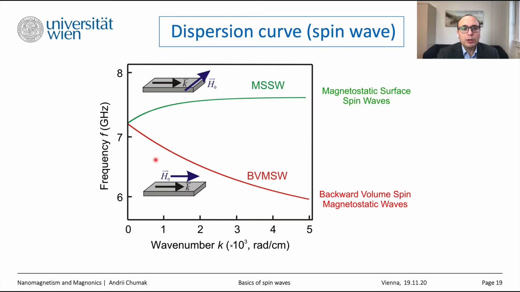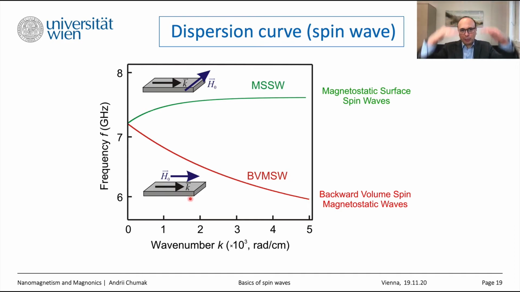What you see is that now we are working with another type of wave, not magnetostatic surface spin waves anymore, but backward volume magnetostatic spin waves. And you see that it even exists in another frequency range. With surface waves, you would work at frequencies above that value, but for backward volume you are already working with these frequencies.